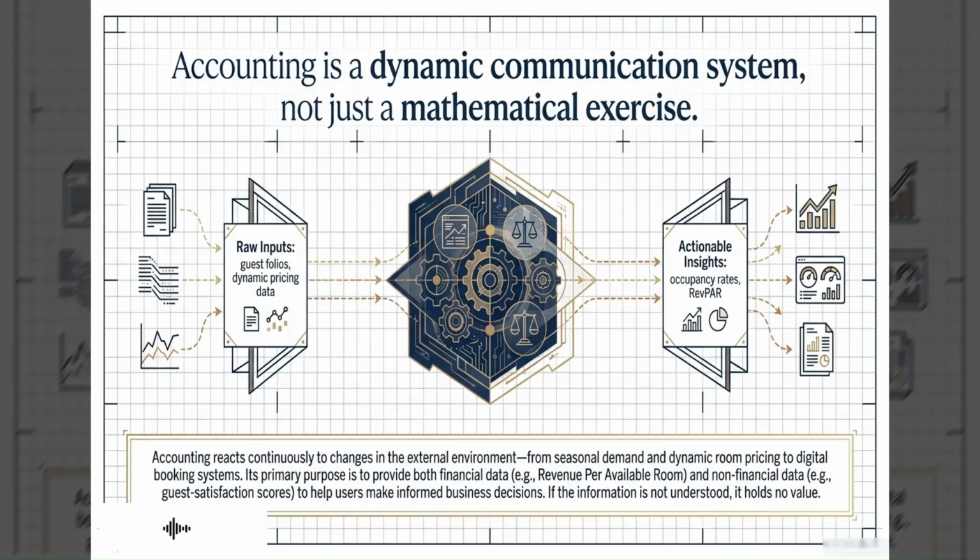All of these are accounting information because they inform the same decisions. The financial numbers tell you what happened. The non financial numbers usually tell you why.